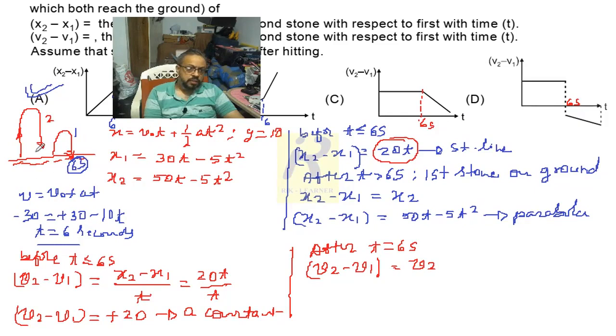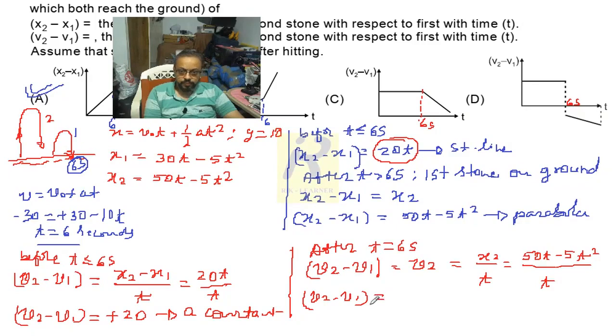With respect to that, it is approaching, so V2 should be negative. So this means I can write x2 divided by t, which is this much, 50t minus 5t square, whole divided by t.